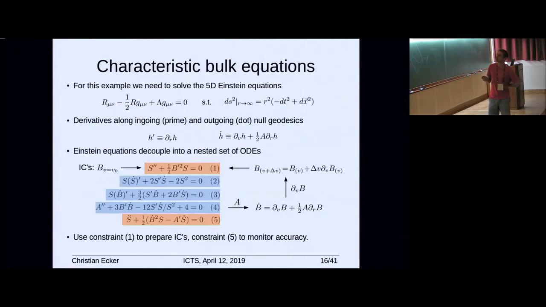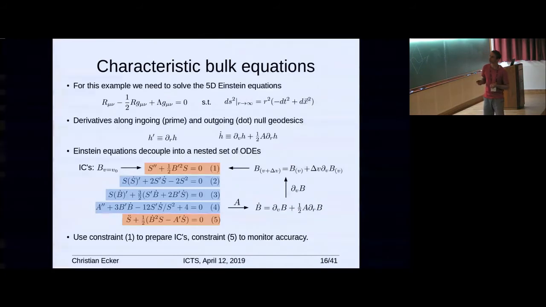geodesics. If you now use the metric ansatz that I showed you before, and use this notation for the derivative, something very, very important happens, namely that the originally very complicated partial differential equations, which are the Einstein equations, decouple into a nested set of ordinary differential equations, which I write down here.